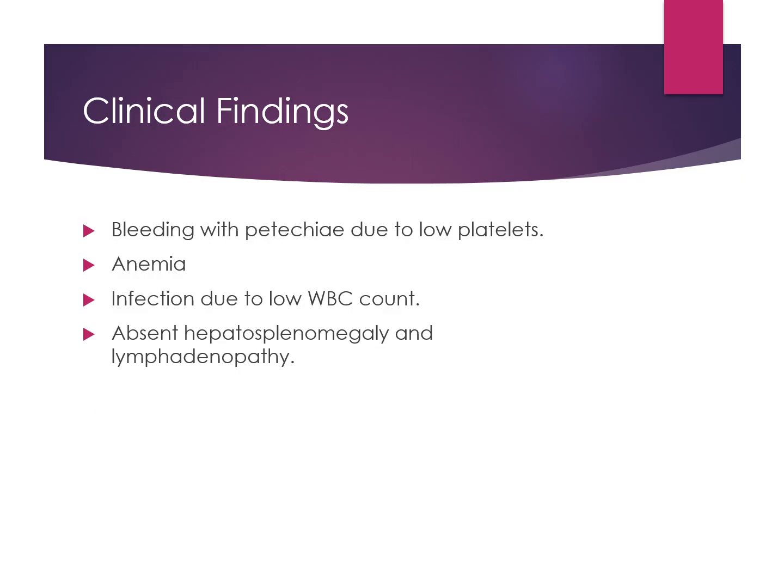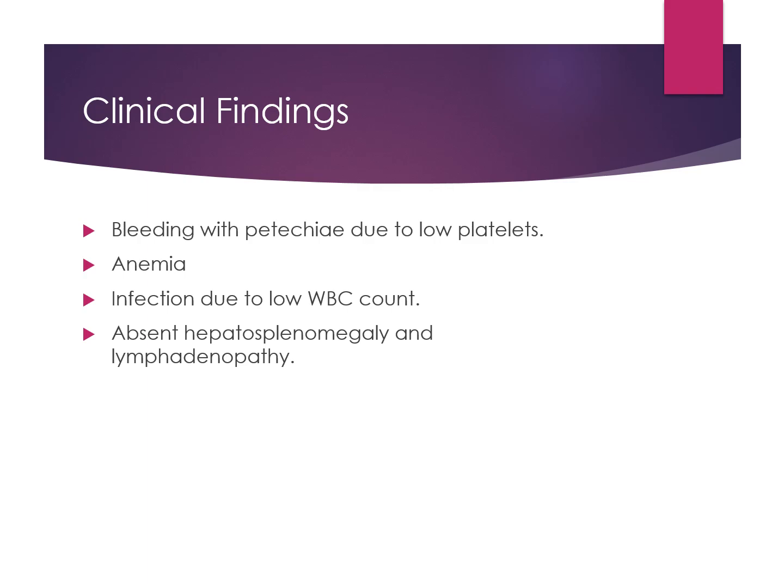So some of our clinical findings that we may see in a patient with aplastic anemia is we may see bleeding with petechiae due to those low platelets, because remember, we have pancytopenia, which means not only do we have a decreased red cell count, but we also have decreased whites and platelets. Obviously, we're going to have that anemia simply because of the lack of red blood cells that are in circulation.